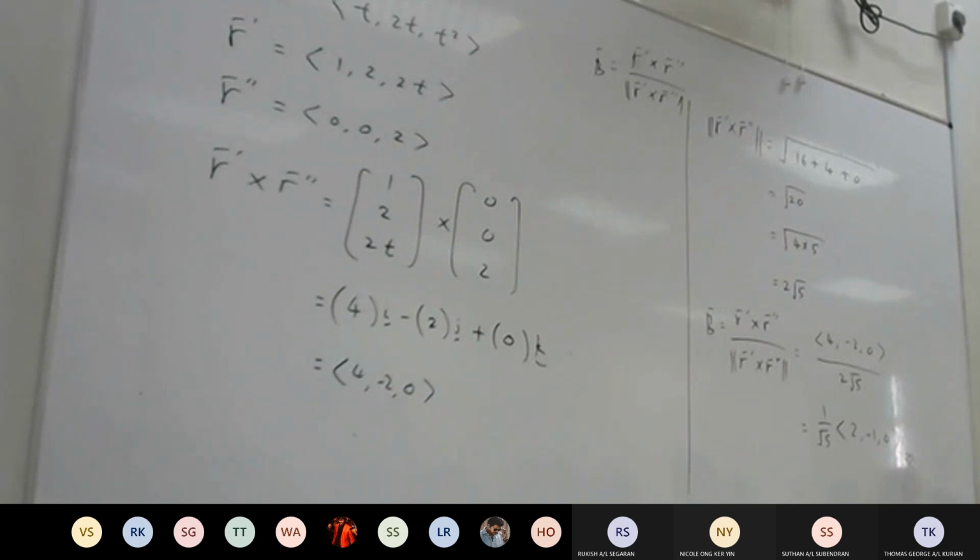All these other formulas are not given. So you now have to find T, N, and also B.